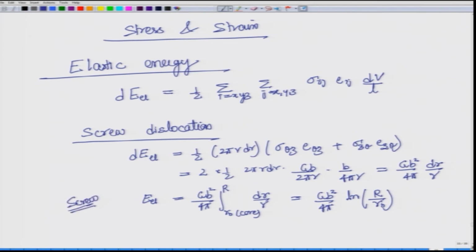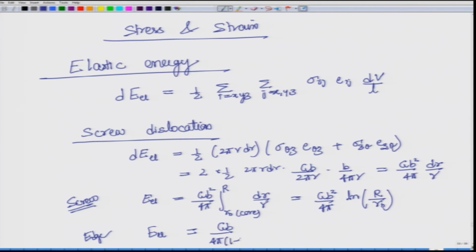And people have shown that if you go for the edge dislocation, the relation is exactly the same, except you will also have a factor of 1 minus nu, because in the stress and strain you remember we had the factor 1 minus nu arising from the compression or the dilation in the lateral direction.